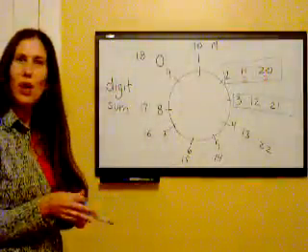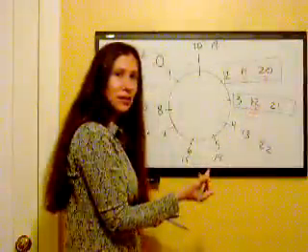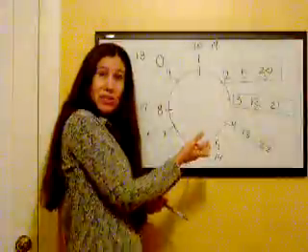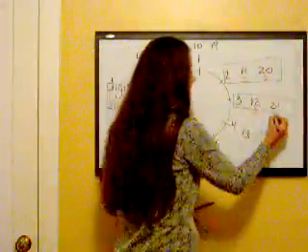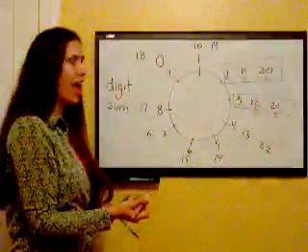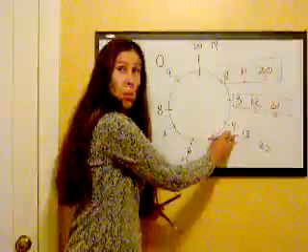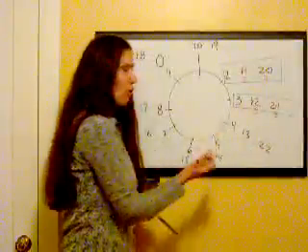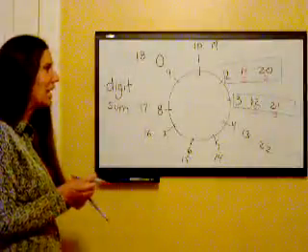What do you know? 1 plus 2 is 3. I think you knew that fact already, but it looks a little bit different in this context, doesn't it? And 2 plus 1 is 3. And if we looked at the 4 branch, 1 plus 3, that's 4. 2 plus 2, 4. I think you can see that there's some patterns that are evolving in this thing.